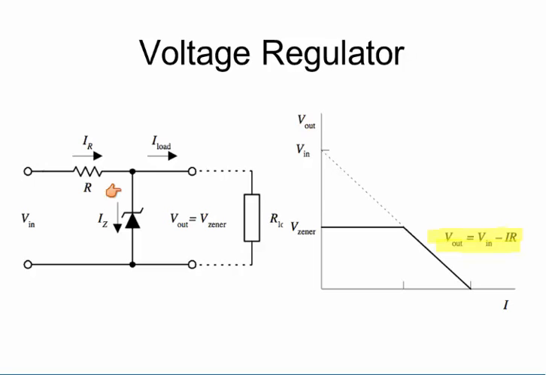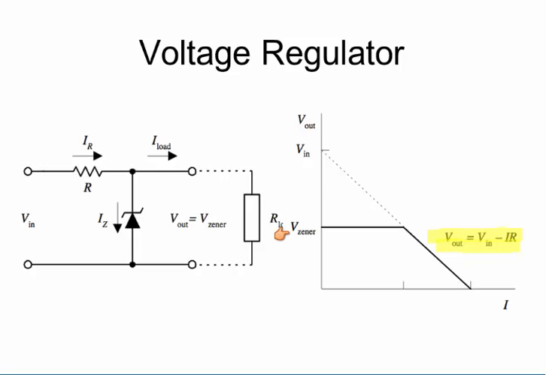We know already that the Zener diode clamps voltages, and that it works in reverse bias. In forward bias, it will simply be a normal diode. What happens in this circuit is very interesting. We have basically 2 operations that you can combine. The first is V in minus IR, which we can draw as this dashed line.